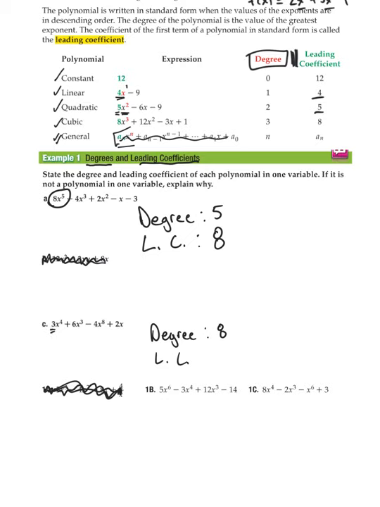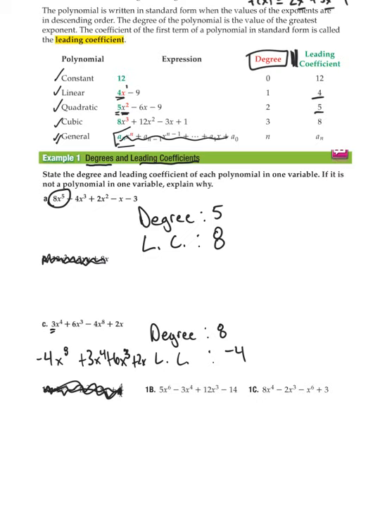We need to write it in standard form, so that first term should be the highest degree term and then it just decreases. So negative 4x to the 8th plus 3x to the 4th plus 6x cubed plus 2x. Now your leading coefficient is negative 4.